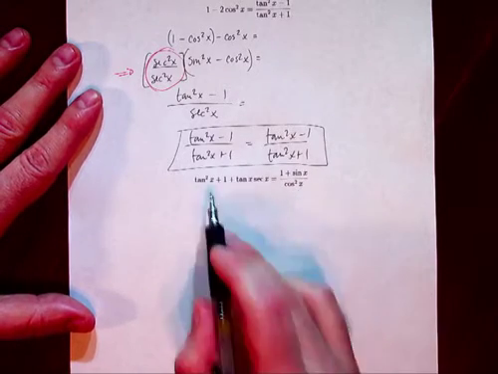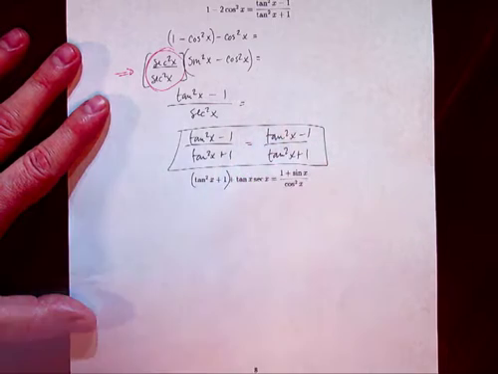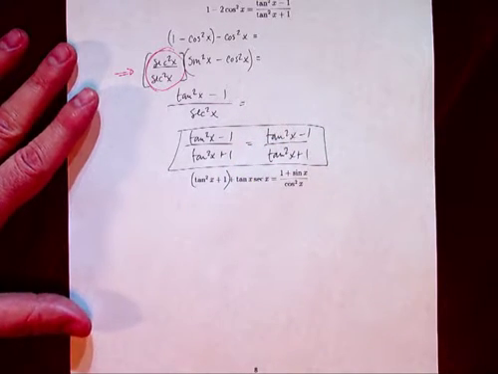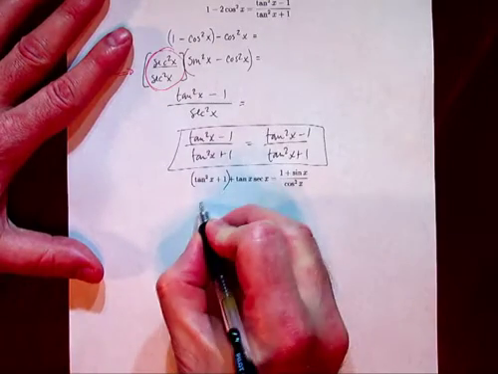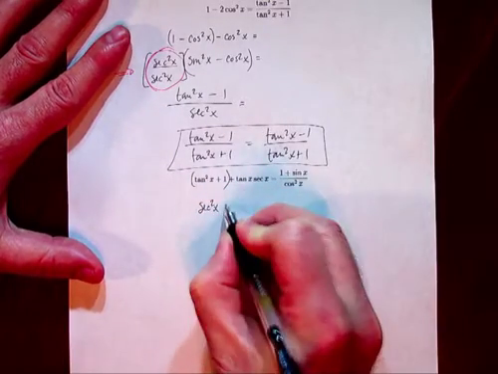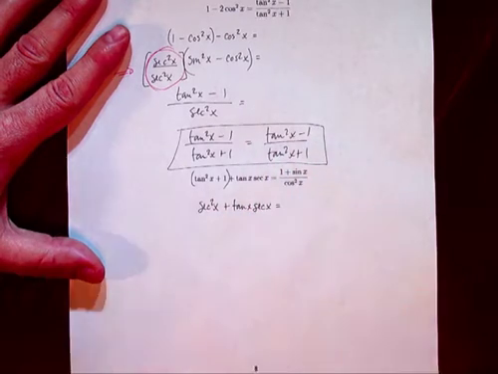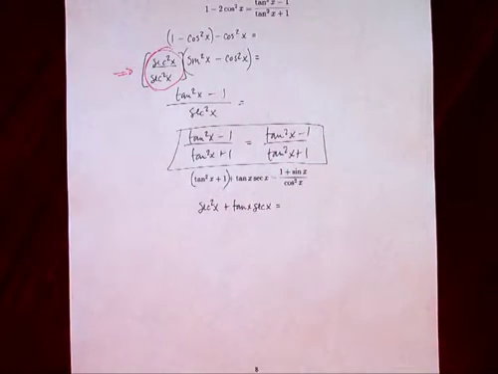But I also see this over here on the left-hand side. And I know that that's also a Pythagorean identity, and that can be changed into that. Now, we can probably factor out a GCF. The question is, what is the greatest common factor?